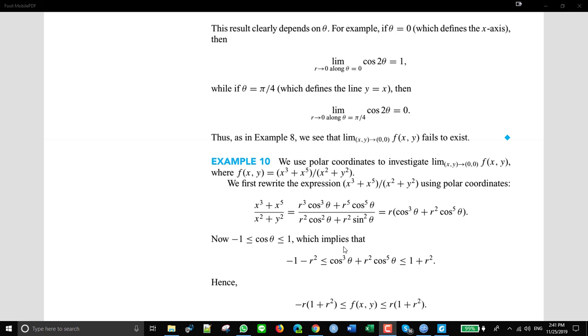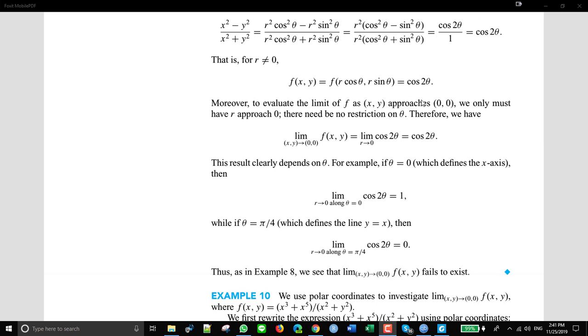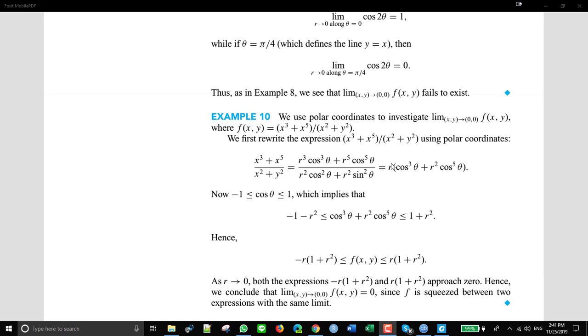We can go through this algebra. They rewrite this with polar coordinates here, here, here. And apparently you get this. Now this one does depend on r. The final result depends on r, whereas before the final result did not have an r in it. So this one does.